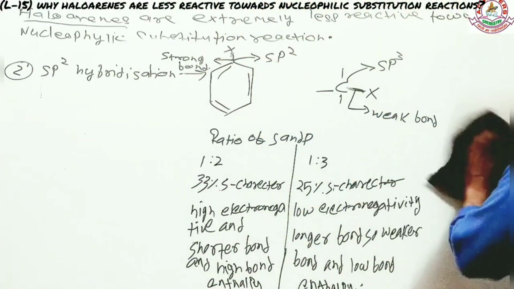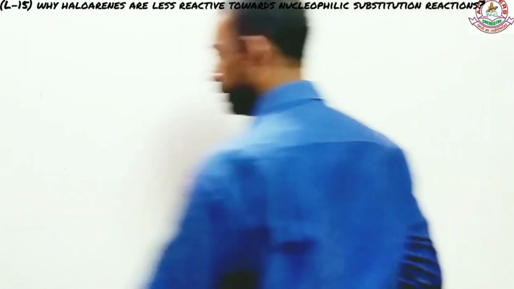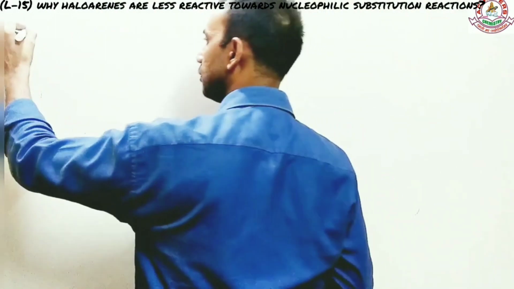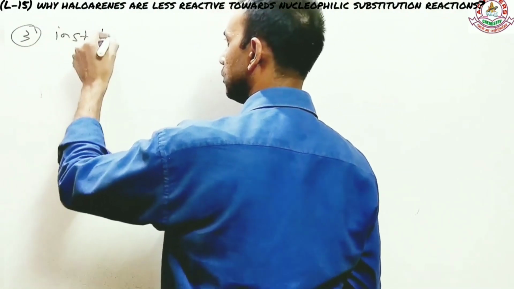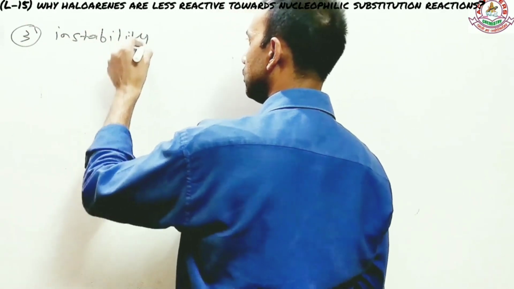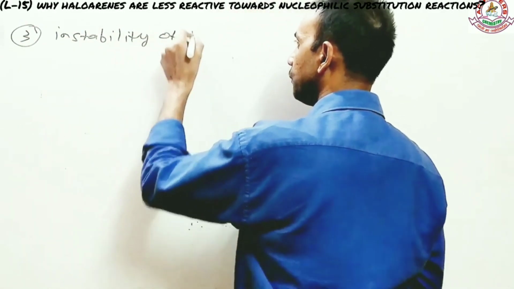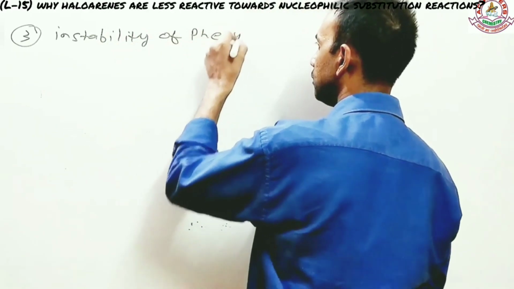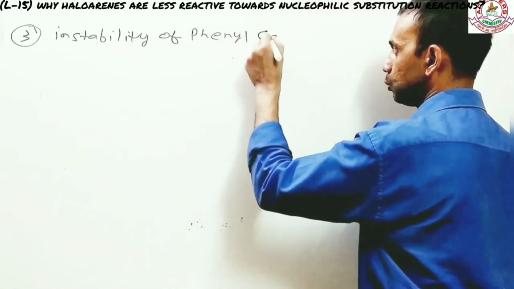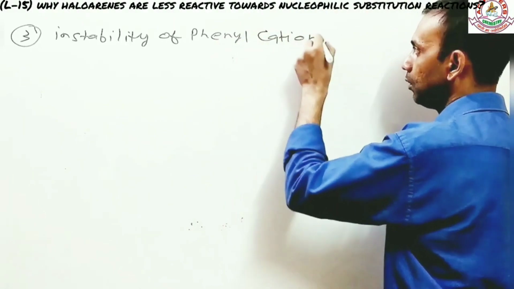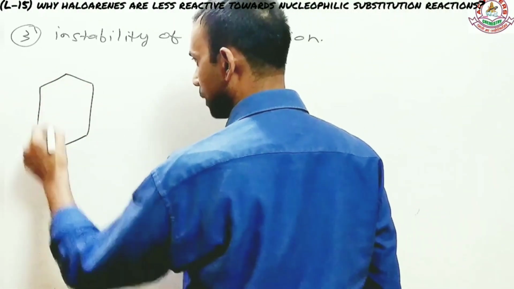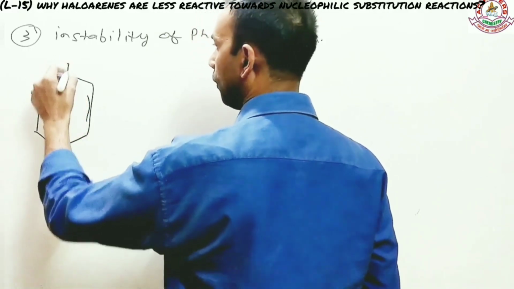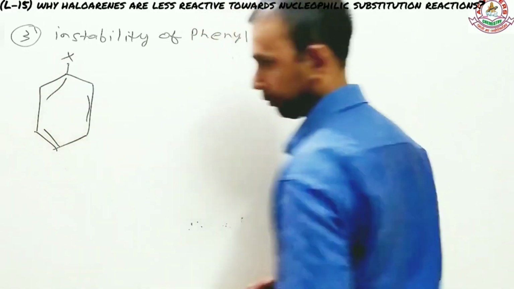Let's take the third one: instability of the phenyl cation. Let me help you with that. Suppose somehow the bond between halogen and carbon is broken, concentrate here.